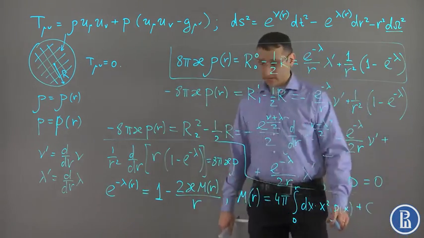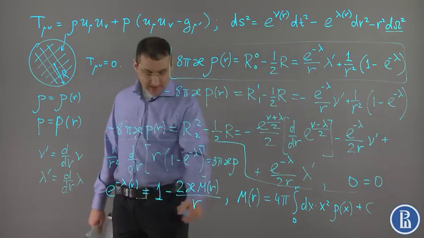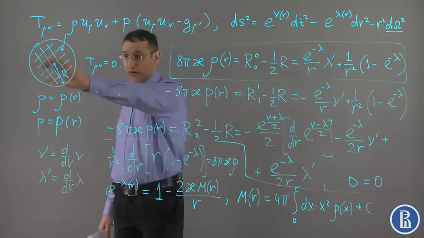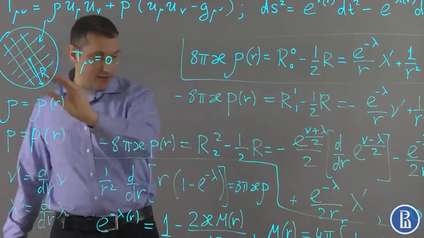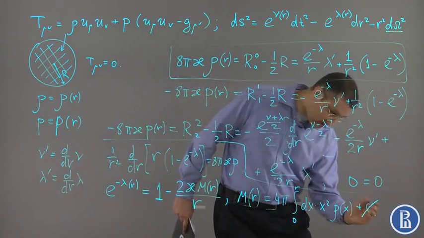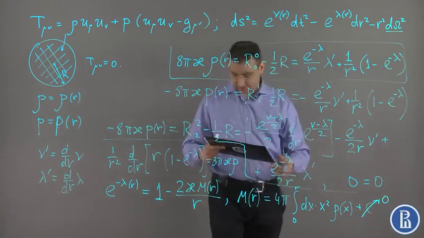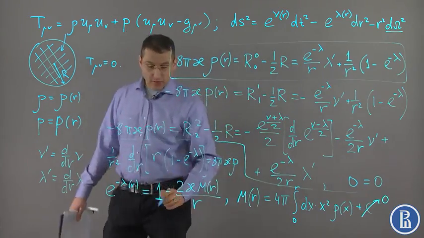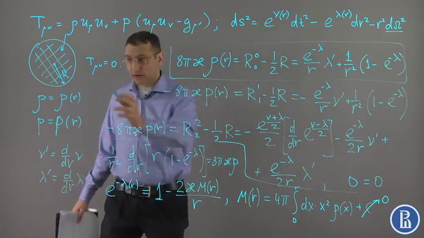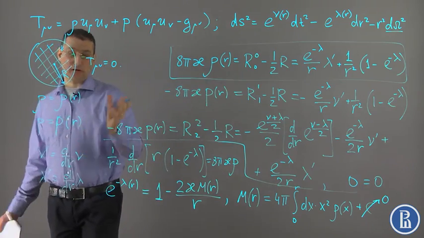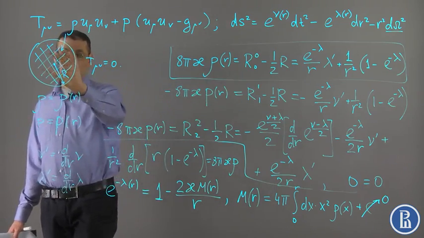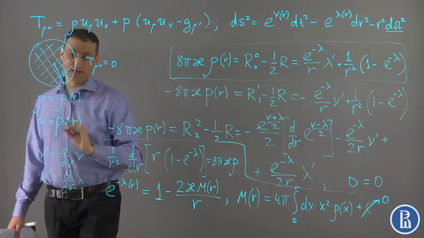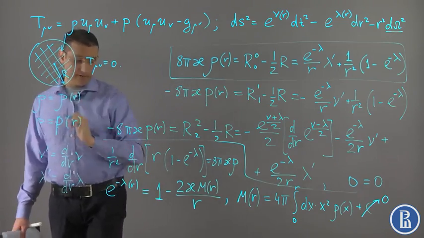But we want the metric to be regular everywhere. Hence, this constant of integration should be 0. That's the first thing. Second, we don't want to have a horizon because it's a star, not a black hole. Nowhere inside it is the density such that we have a horizon.